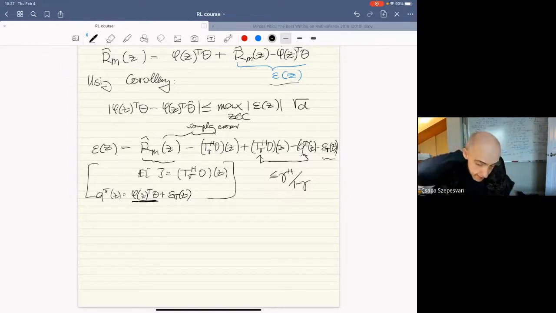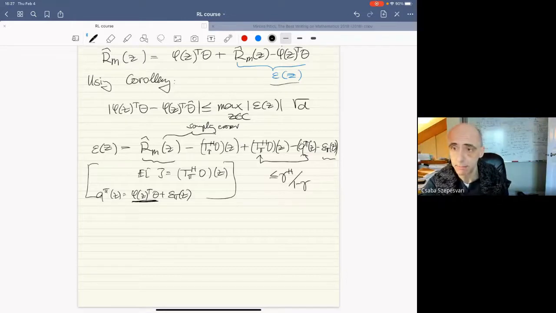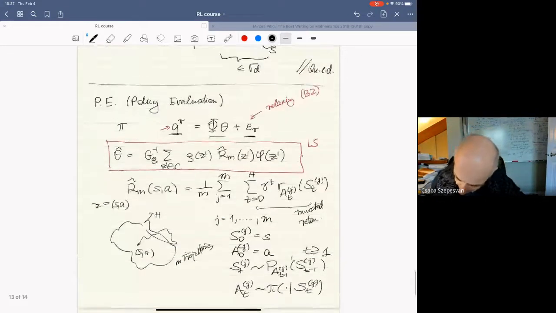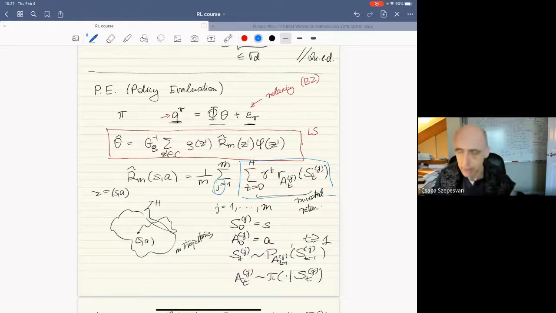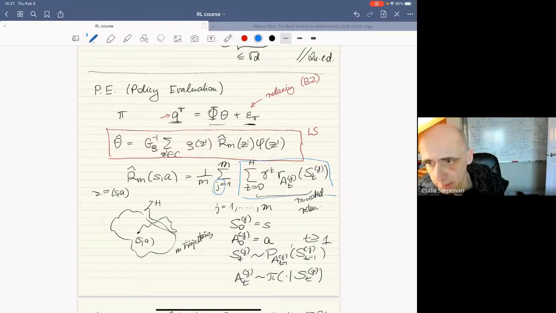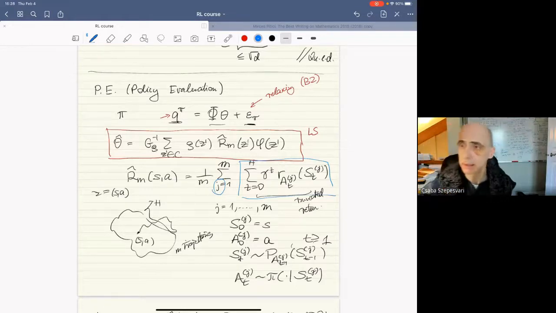So recall that r hat of m is the average of independent random quantities. What are these quantities? There are m of them, indexed by j, going from 1 to m. And so Hoeffding's inequality says that the deviation of R hat of M from its mean is not going to be too large, right?